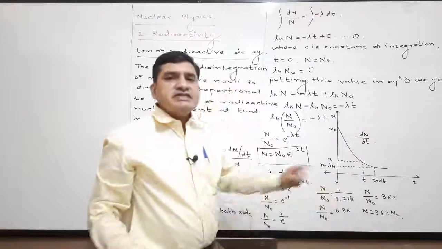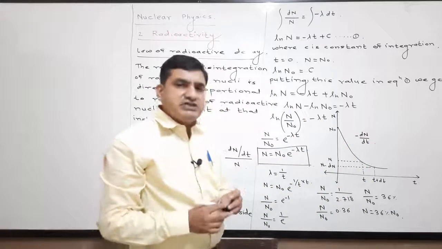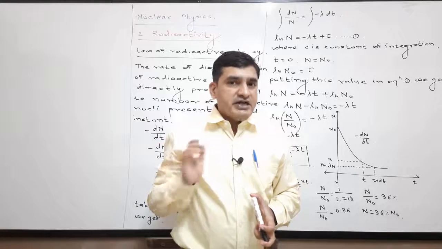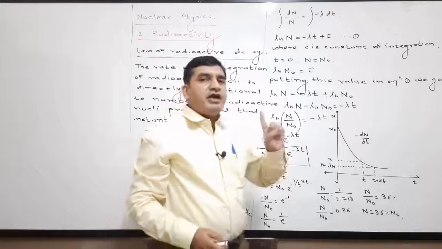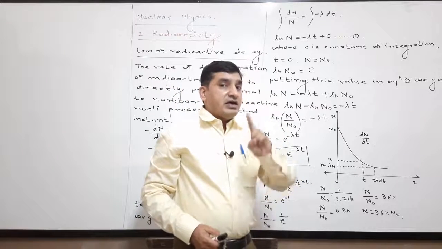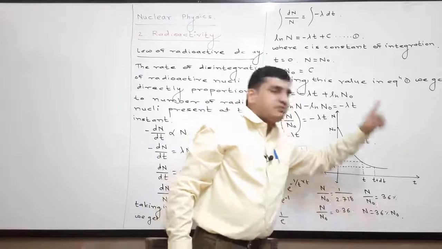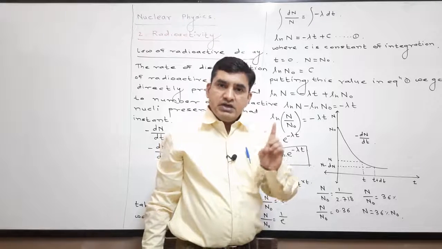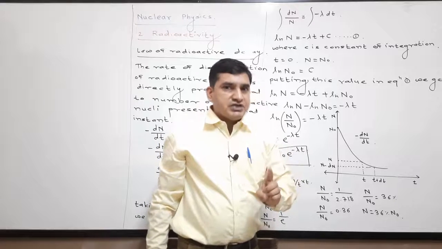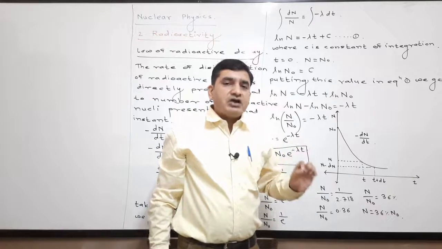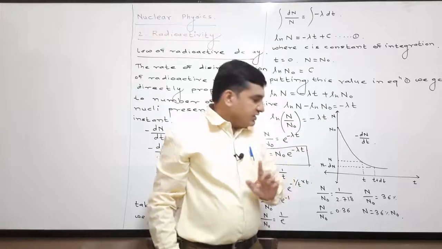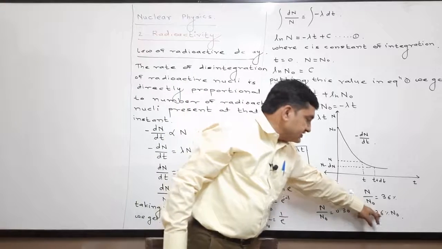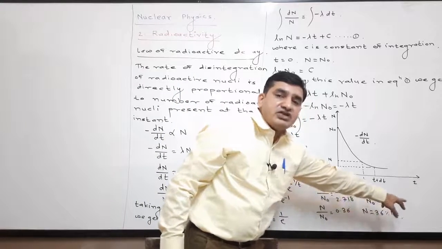And from this we can say that if the decay constant is the reciprocal of a time, then the number of radioactive nuclei remaining is 36% of its original value.